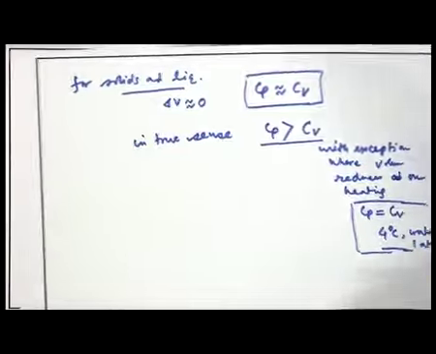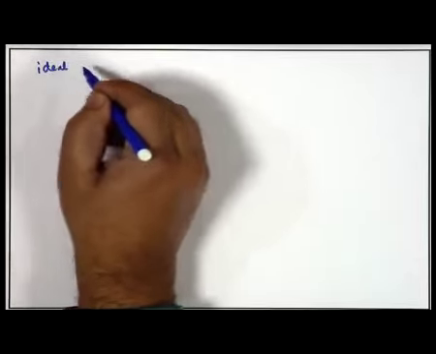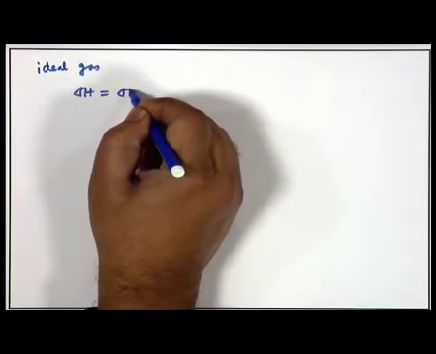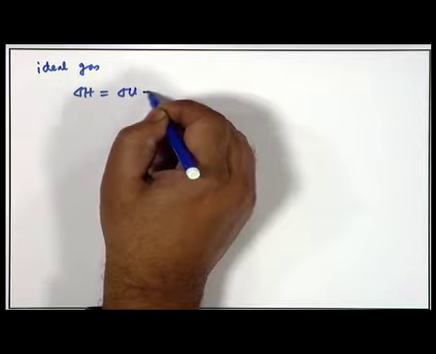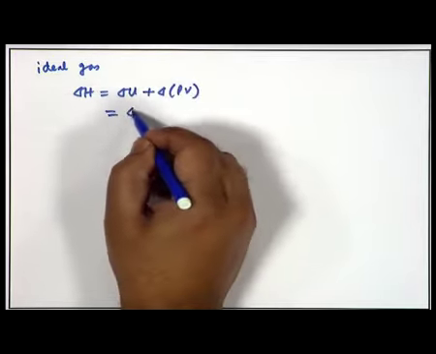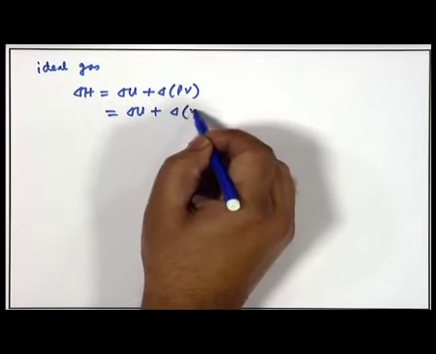Now, for ideal gas, that is the simplest case we are always talking about, we can get del H is equal to del U plus del PV, del U plus del nRT.